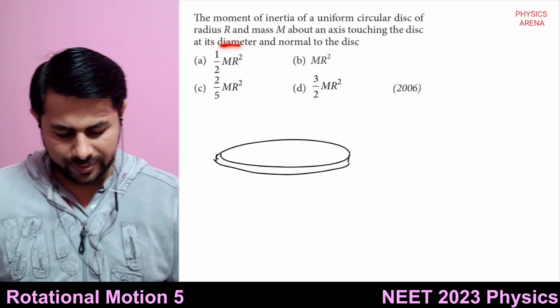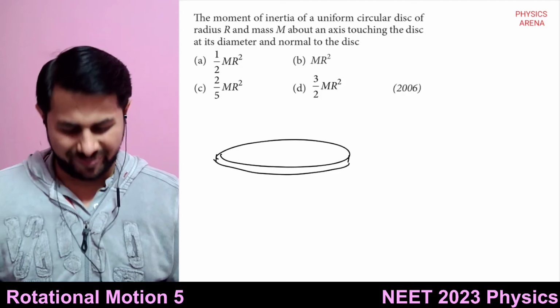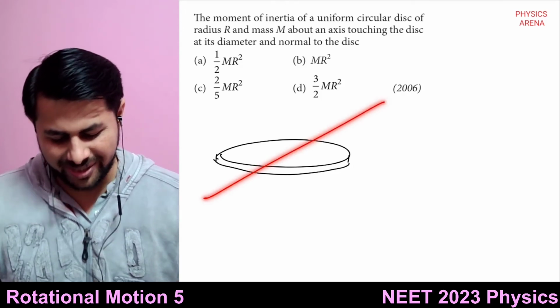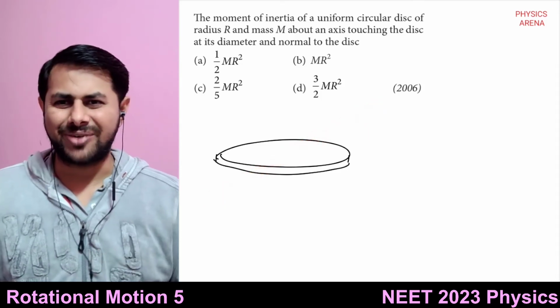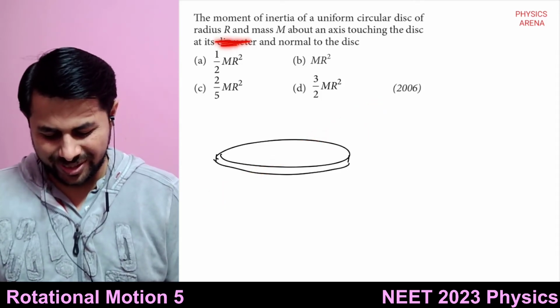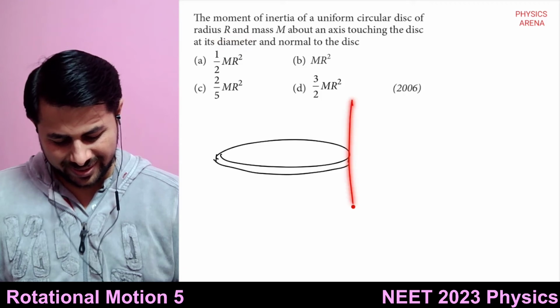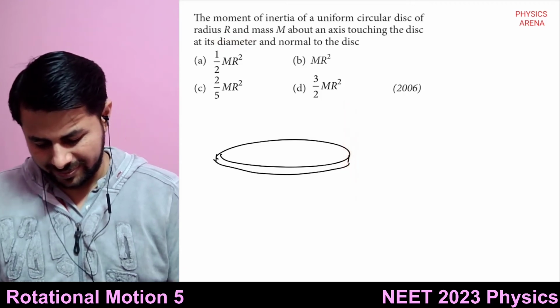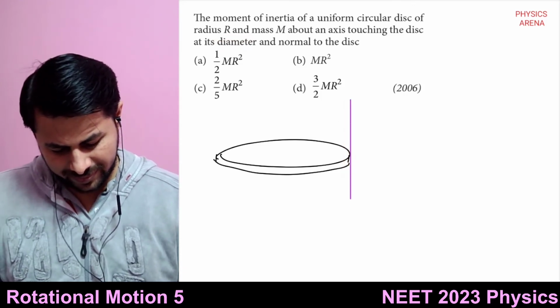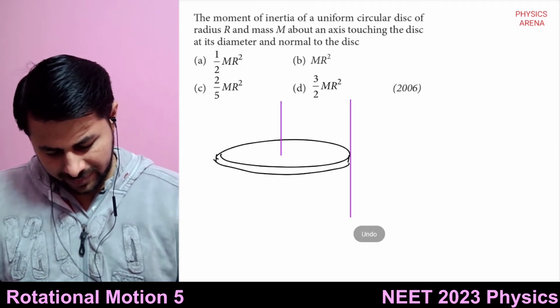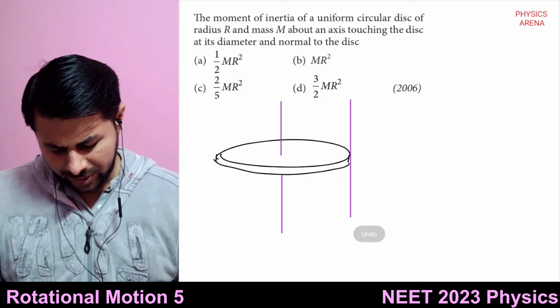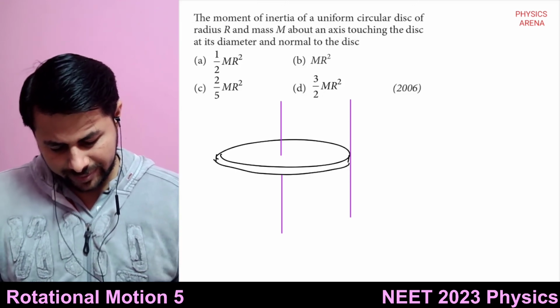You cannot have an axis which is touching the diameter and is also normal, so this should be the rim, I guess. It should be this axis. So it will be 3 by 2 mr square.